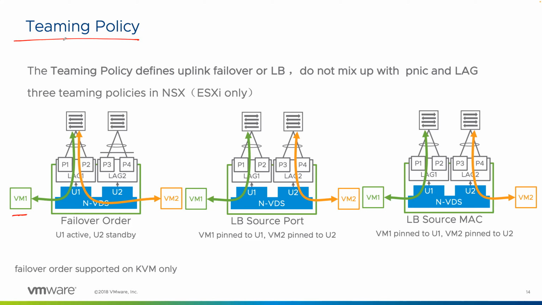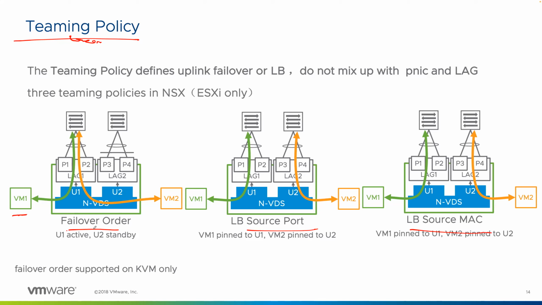Here we have a teaming policy come into play, and we have 3 types of teaming policy. One is failover order, the second is load balance, or load balance source MAC.